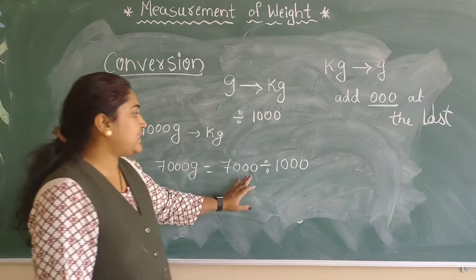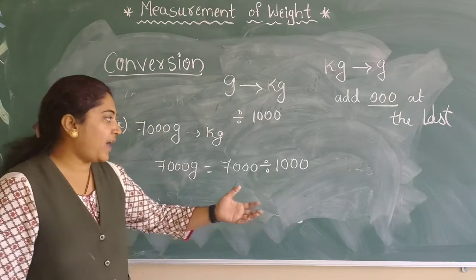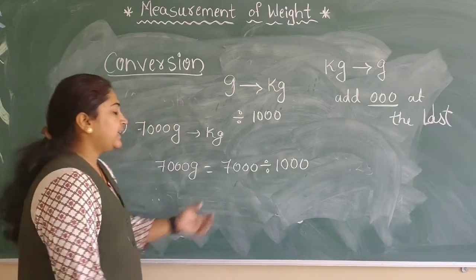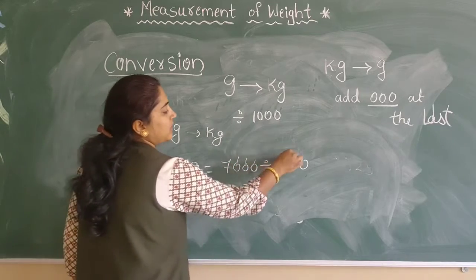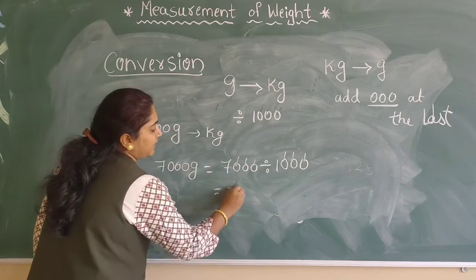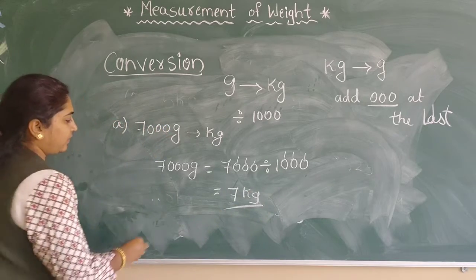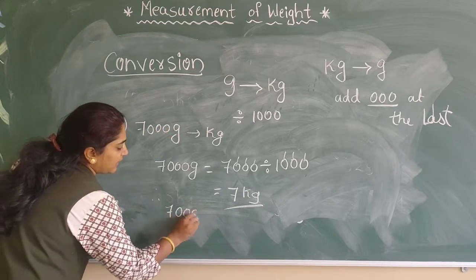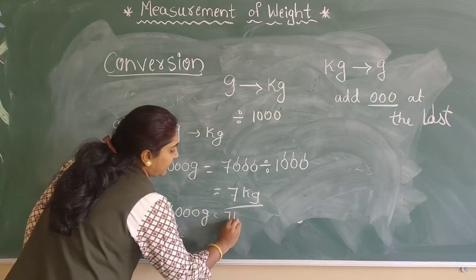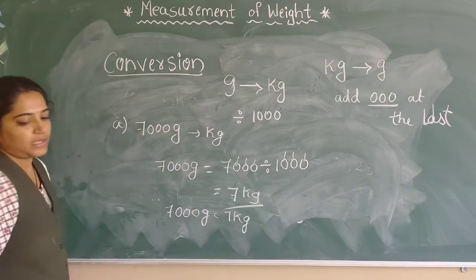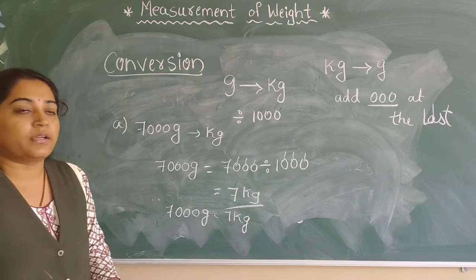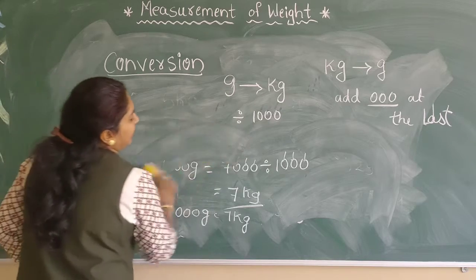Whenever I divide by the same, at the last if I have the same zeros, then cancel all the zeros. Then how many remaining? 7 kg. Okay, therefore 7000 gram is equal to 7 kg. Understood? Okay.